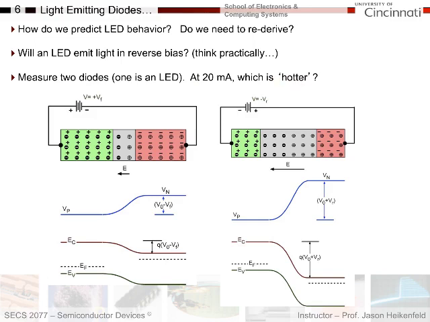Well, the one that's going to be hotter is the non-LED diode because all of its forward bias current will be electrons going over here recombining in heat, holes going this way recombining in heat, whereas for an LED, that recombination would result in photons which would leave the LED and take that energy out of the LED. And so you could run it at higher current without it overheating.